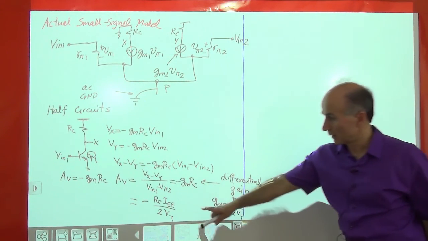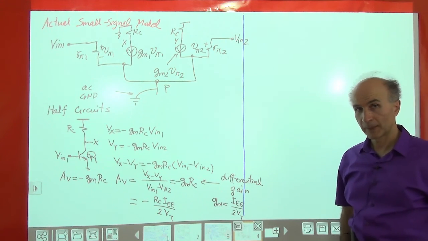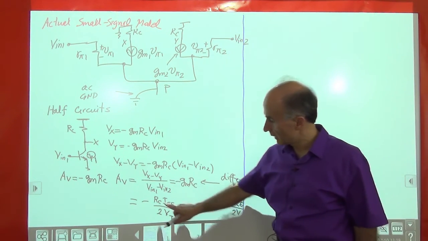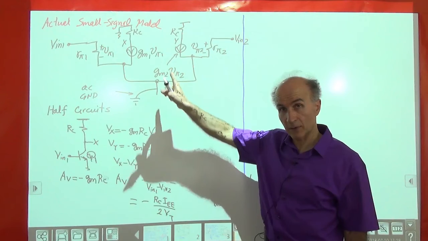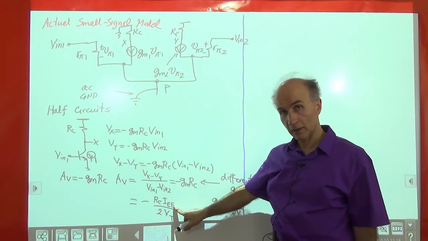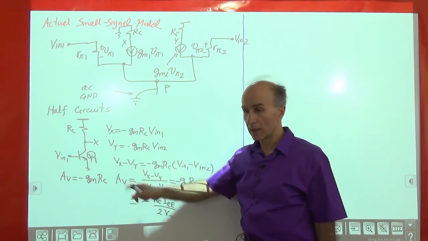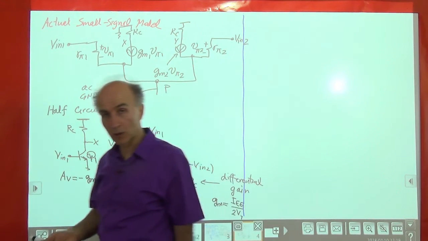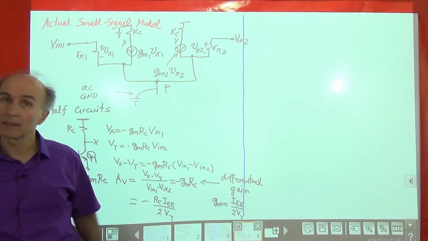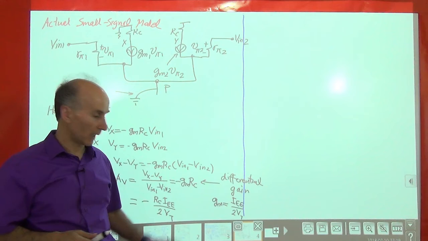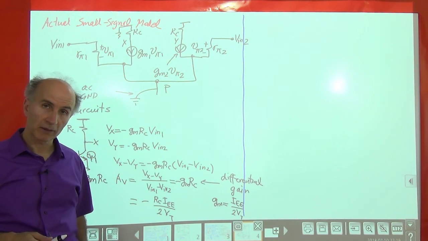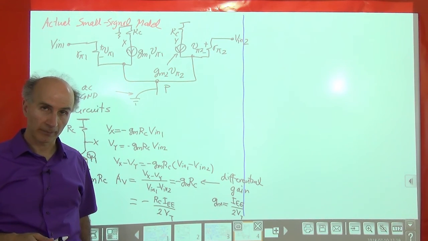So the voltage gain is given by this much. So by proper choice of RC, the load resistors, IEE, the tail current, we can obtain a certain amount of gain that we are looking for. Maybe a gain of 5, maybe a gain of 10, something like that. Right? So that's how we build an amplifier out of a differential pair.